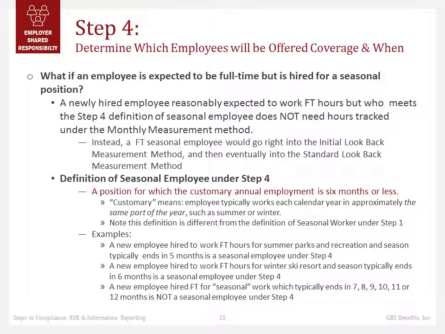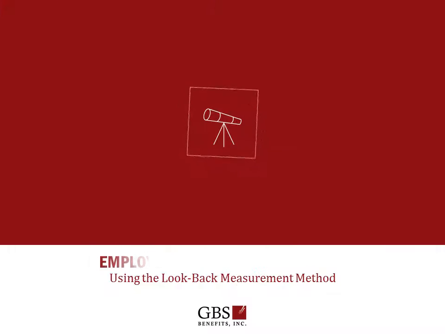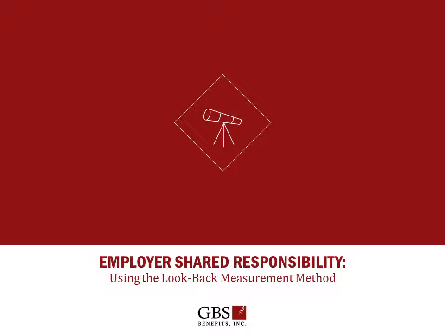Remember, we've got the 3 categories. That would be an employee who's reasonably expected to be full-time at the time of hire, and not the second bucket. Okay. So we have spent our time with some foundational information, and we have just talked about the measurement methods in general, meaning what they are, what the general rules are. We've got monthly and we've got look back.